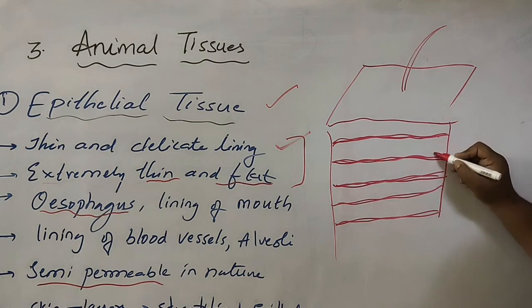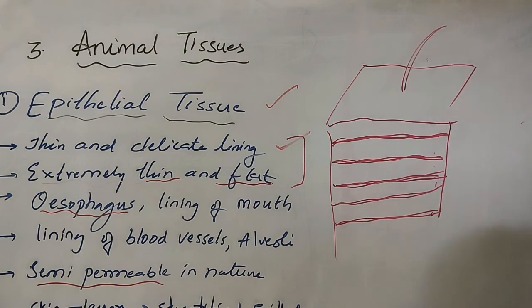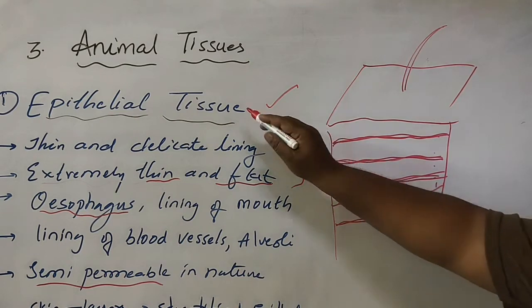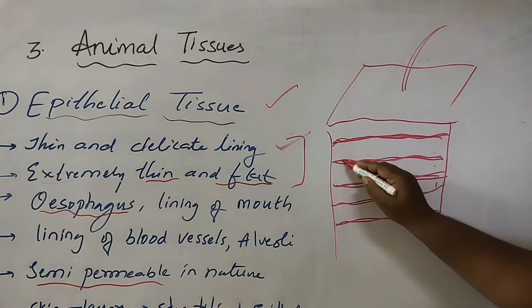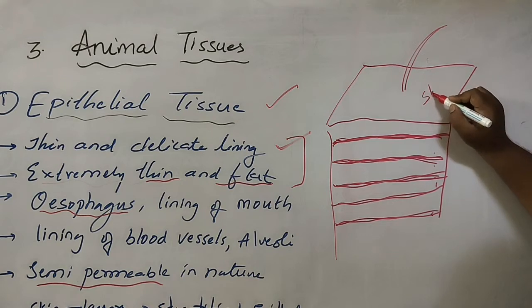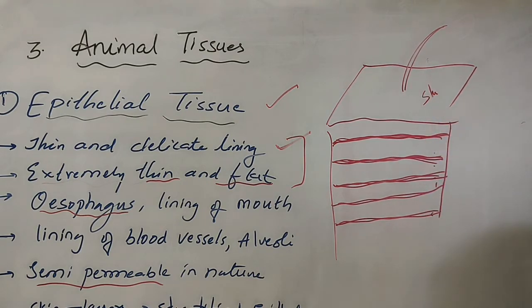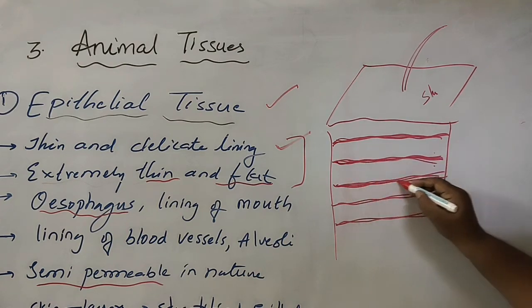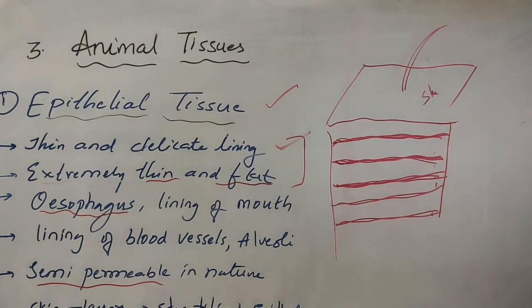If they are arranged in such a way, then it is called stratified epithelium. If the epithelial tissue is arranged in layers, the skin is the best example for stratified epithelium.